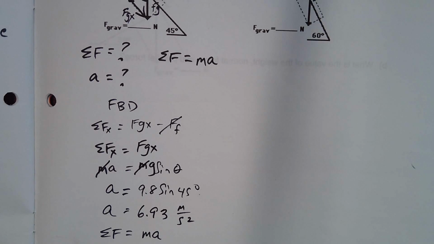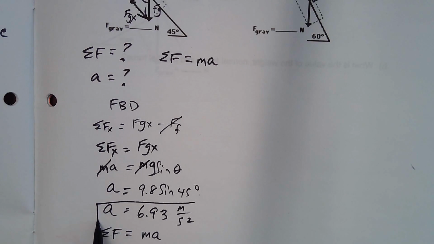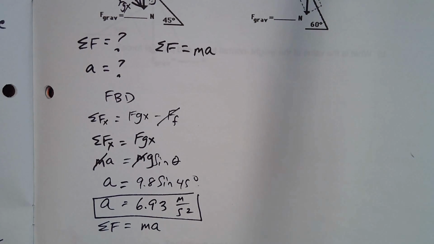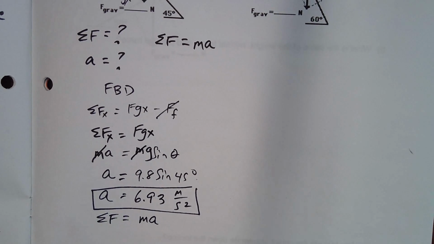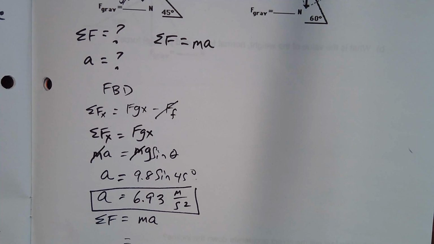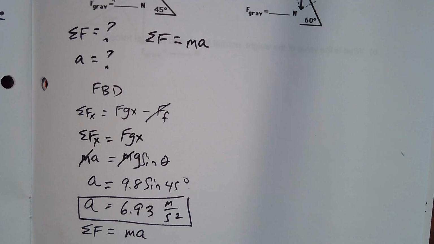I don't have any given. It actually says 1,000 kilogram. I'm going to ignore the fact that I have 1 sig fig in 1,000 and just leave it at 6.93. Now that's the acceleration. We can find the net force now. But first, we don't have the mass. Again, we're back to we don't have the mass.